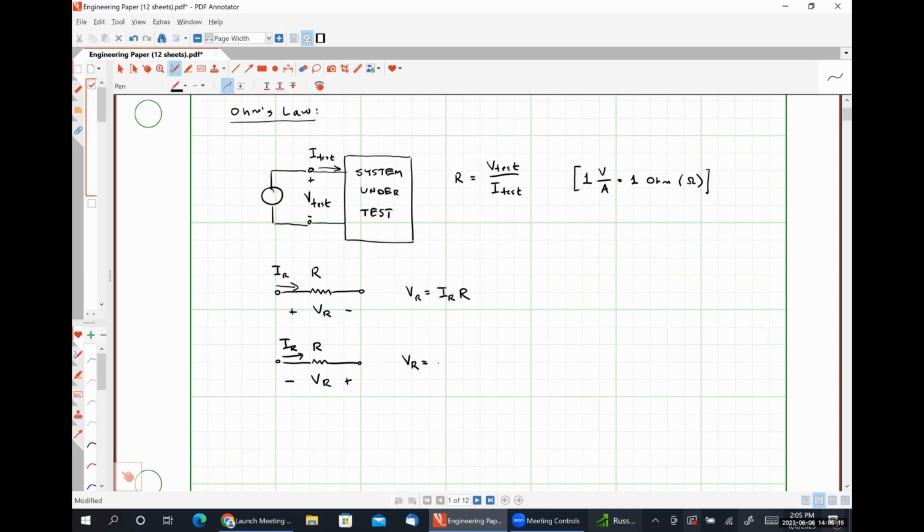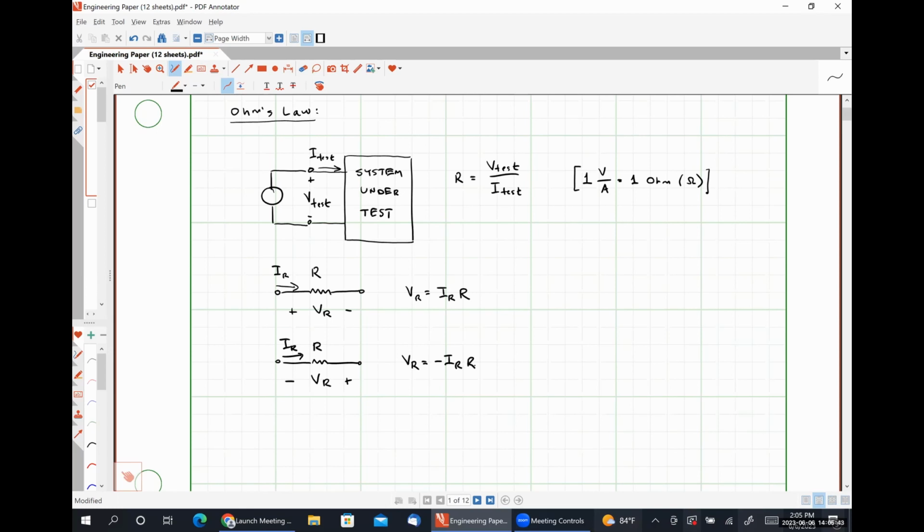So V R will be equal to negative I times R. So to reiterate here, whenever the current is flowing into the positive polarity terminal, the voltage drop is simply I times R. Whenever the current is flowing into the negative polarity terminal, we need to include a negative sign in our Ohm's law formulation.